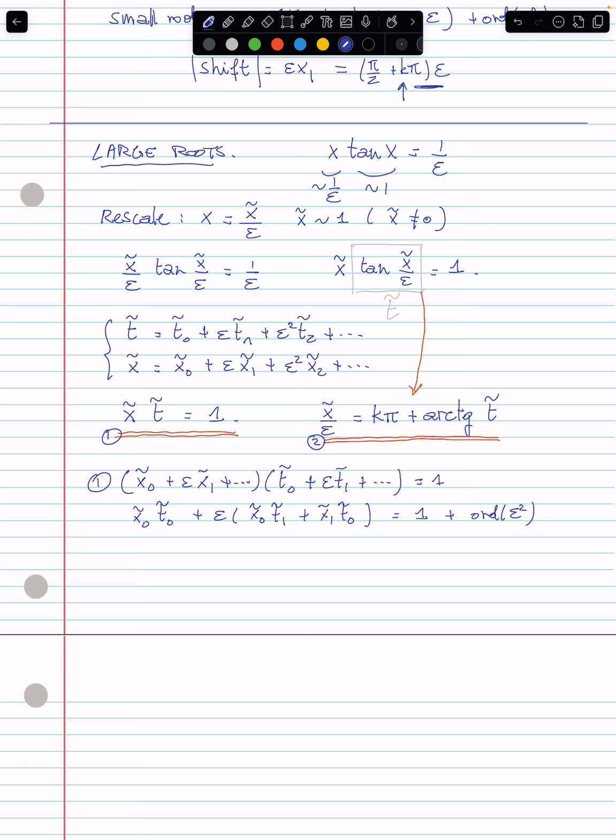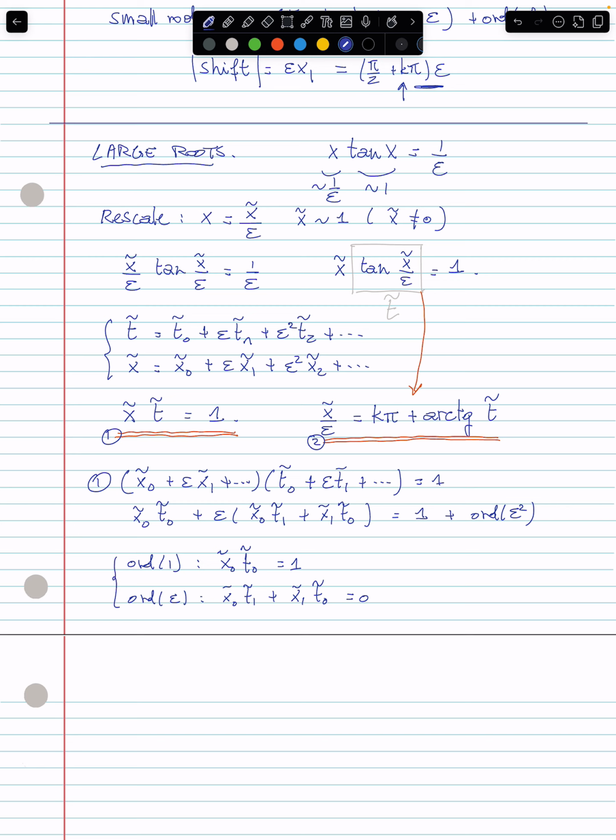All right, so at leading, we have x0 t0 is equal to 1, and the first correction says x0 t1 plus x1 t0 is equal to 0. All right, that's what we have.